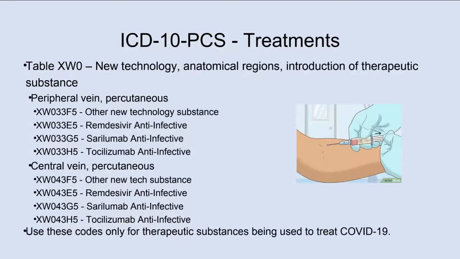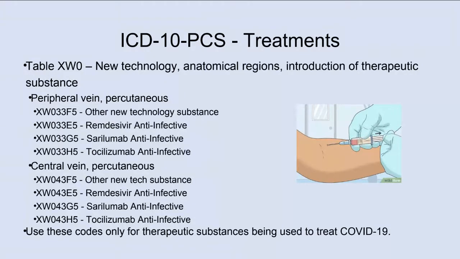So also in XW0, you have injection into a peripheral vein, percutaneous, and into a central vein, percutaneous. And these are specific codes for specific drugs. This is a new technology, remdesivir, sarilumab, tocilizumab.